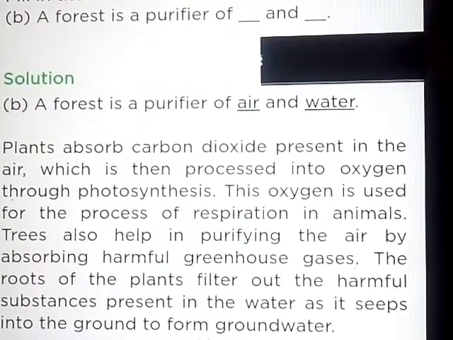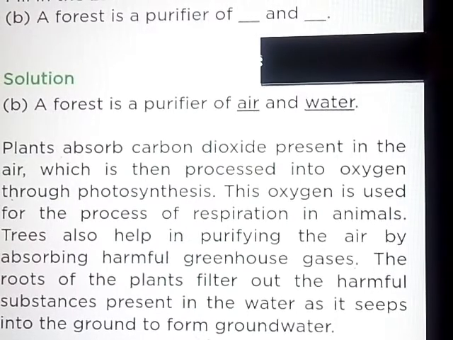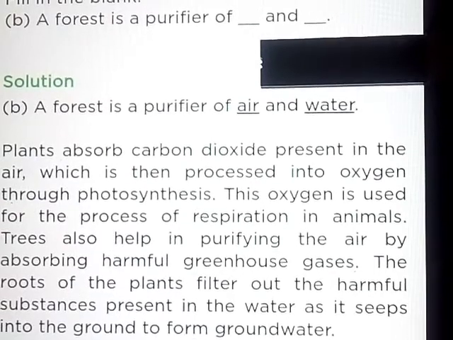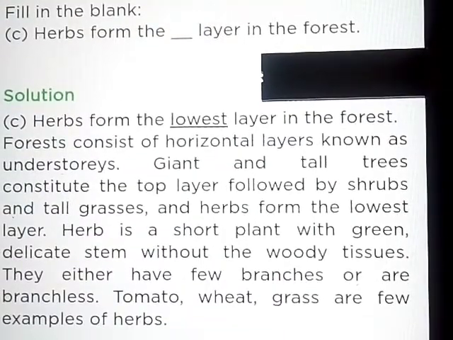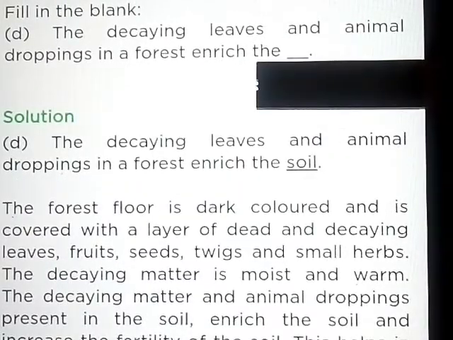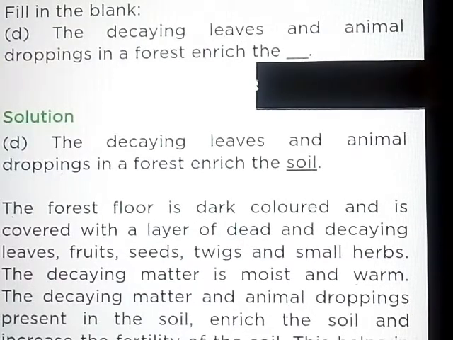Part B. A forest is a purifier of dash and dash, air and water. Part C. Herbs form the dash layer in the forest. Answer. Lowest. Part D. The decaying leaves and animal droppings in a forest enrich the dash.